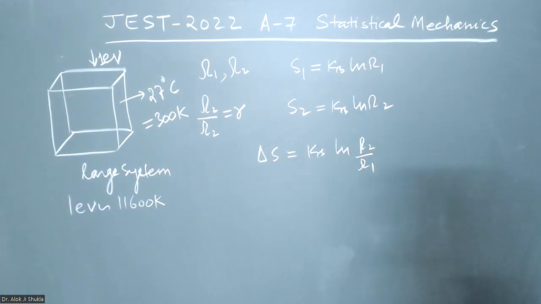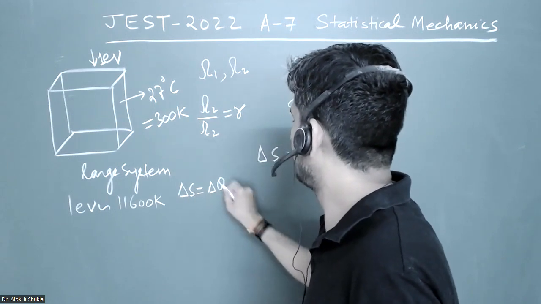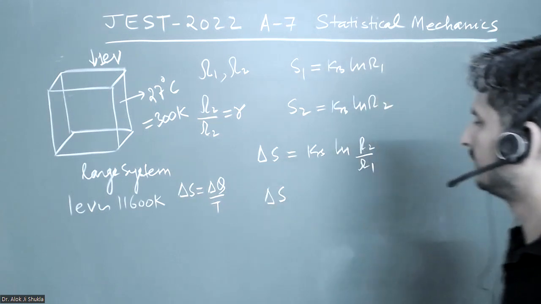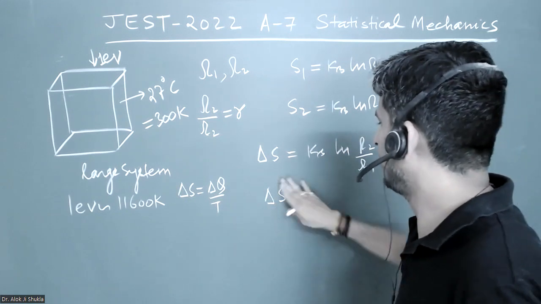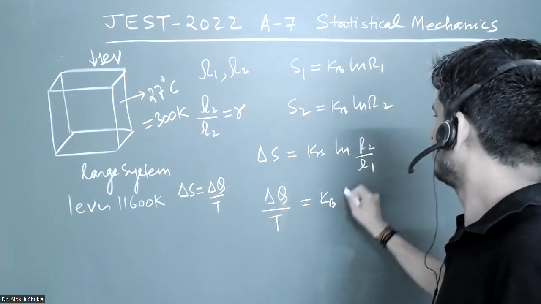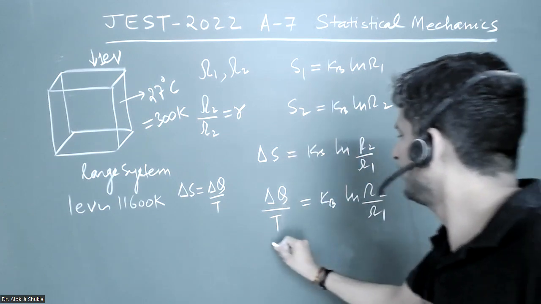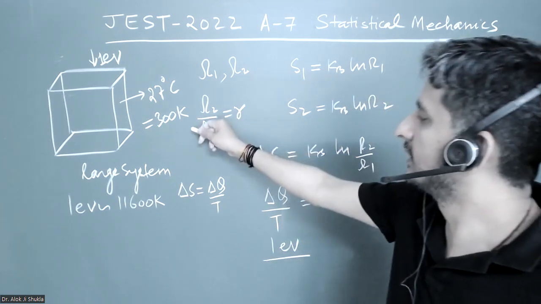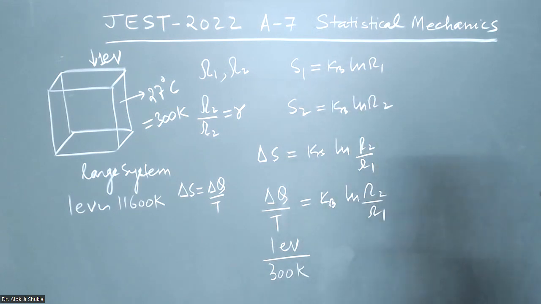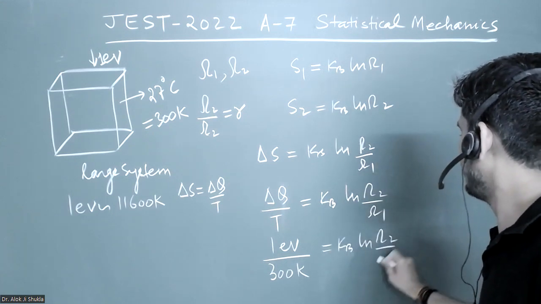Now we know that the entropy change delta S is given by delta Q by T. So delta S will be equal to delta Q by T, which is equal to Kb ln omega 2 by omega 1.